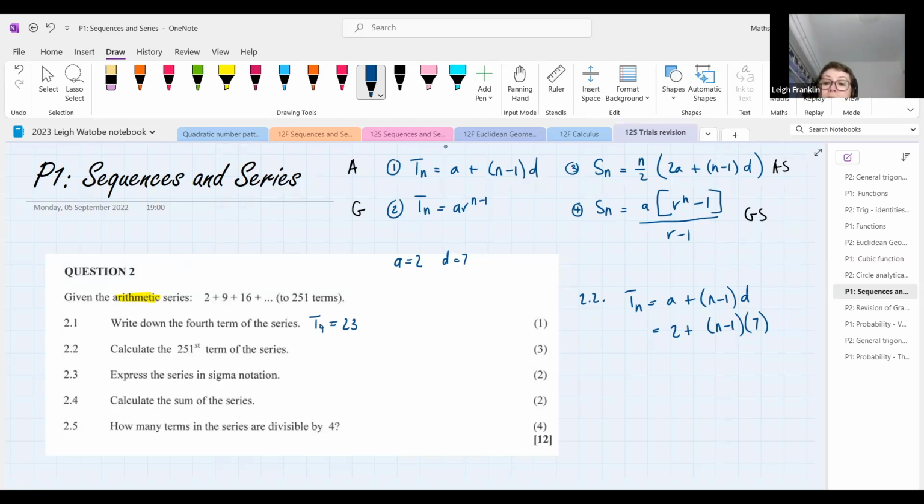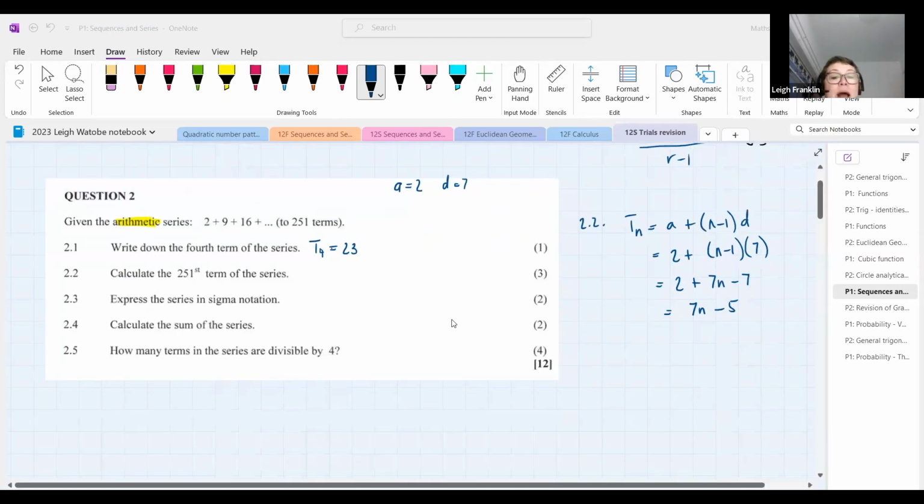If you don't put the d in brackets, you forget to multiply it into the n minus 1, and it ends up being subtracted from the other terms instead of multiplied by n minus 1. You have to simplify this if you want all the marks. So this gives us 2 plus 7n minus 7. So that's why we end up with 7n minus 5.